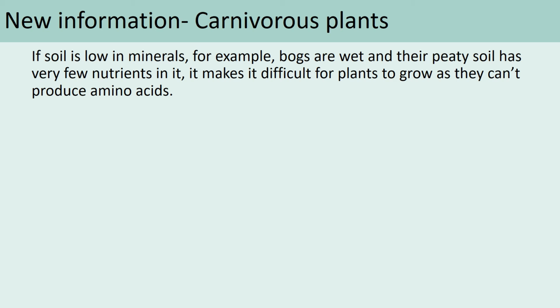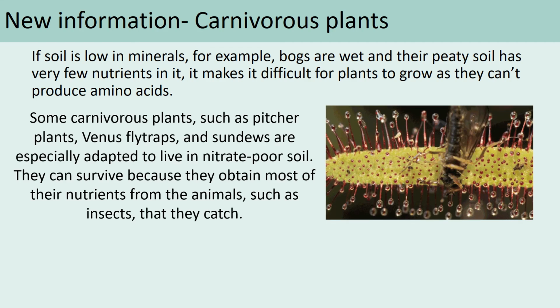Now, bogs are very wet, peaty soil, so it's very, very low in minerals, things like nitrates, magnesium, phosphates, all the things that plants need in order to grow healthily. But you can't find them in bogs, so it's very hard for plants to grow there.